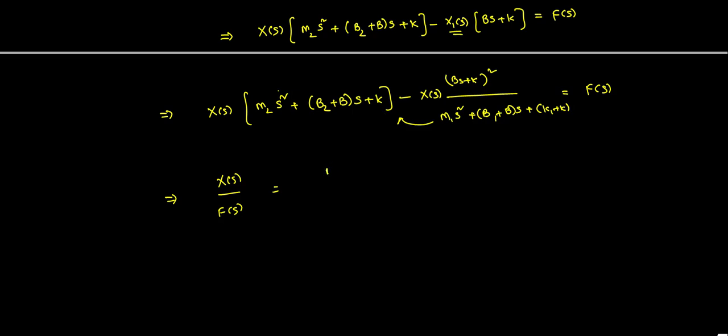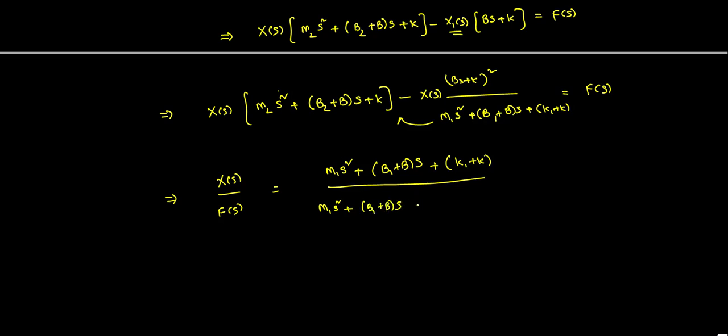So what we'll get finally is m1 s square plus b1 plus b into s plus k1 plus k, divided by m1 s square plus b1 plus b into s plus k1 plus k, into this entire multiplication with m2 s square plus b2 plus b into s plus k, minus bs plus k whole square.